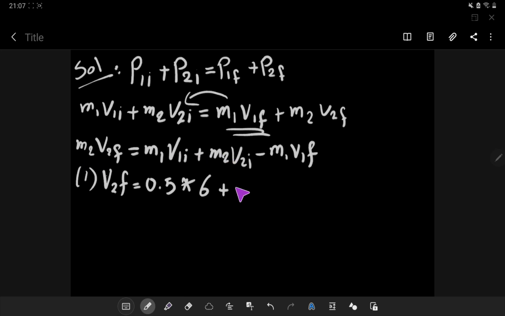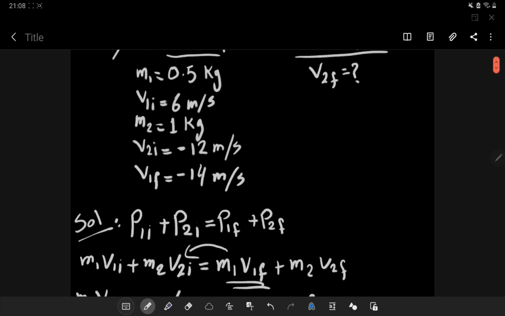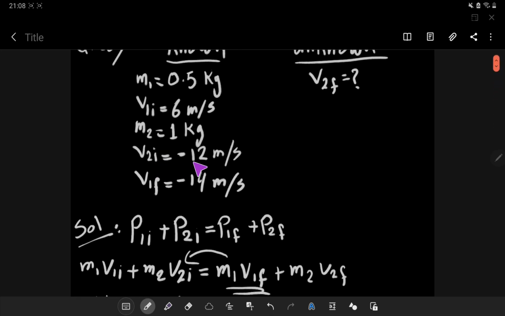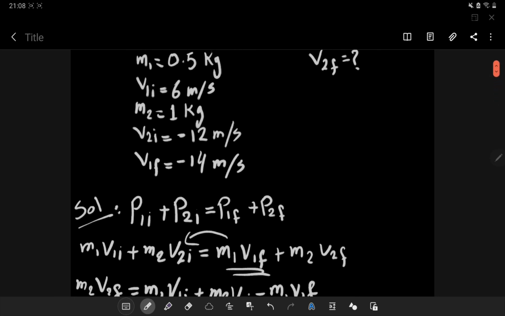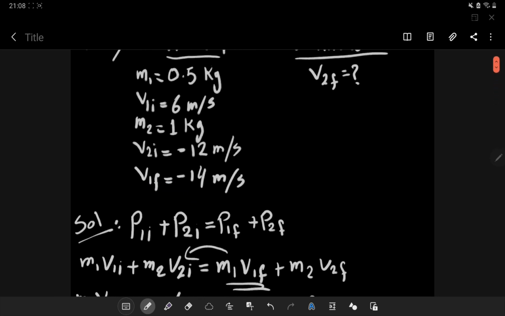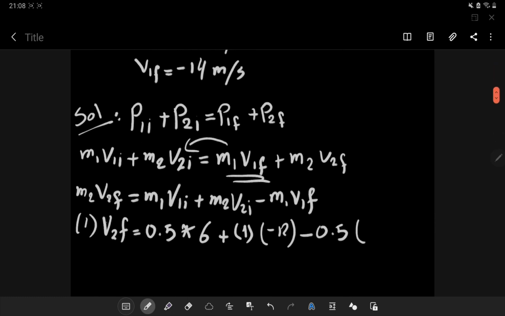We said that M2 equal to 1, and V2 initial is equal to minus 12 meter per second. So 1 multiplied by minus 12, minus the first mass 0.5 multiplied by V1 final. We have V1 final in the question, which is equal to minus 14.